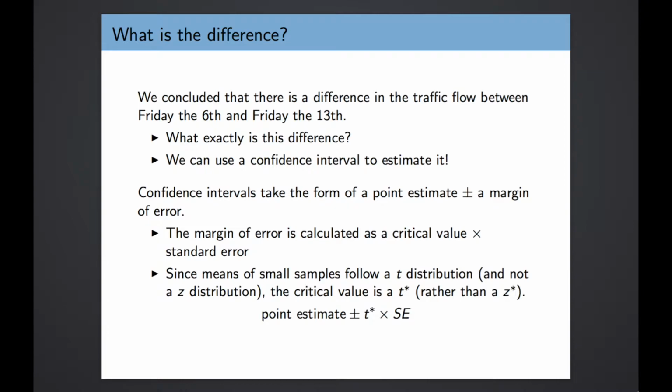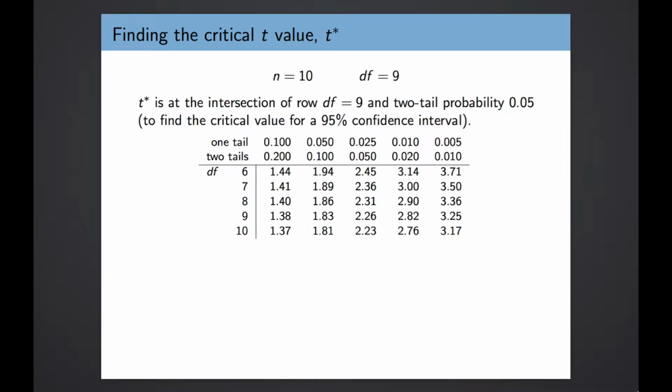So we're going to have to go to a t-table and find critical values for the t-distribution that correspond to the level of confidence that we would like to have. So to find our critical value, we need to know three things: how many degrees of freedom we have, whether we have a one-tailed or a two-tailed hypothesis test, and what our desired level of significance is. In our example, we have 9 degrees of freedom, we have a two-tailed hypothesis test, and we want to find a 95% confidence interval.